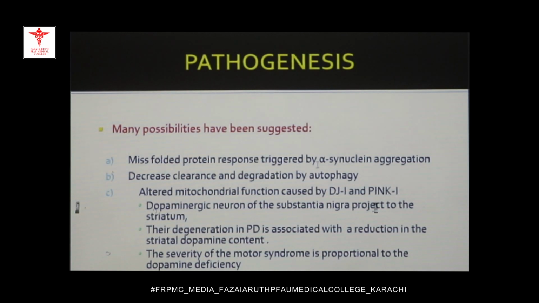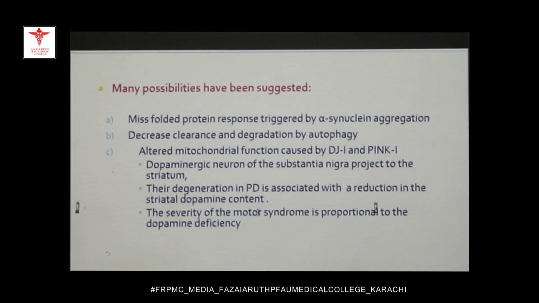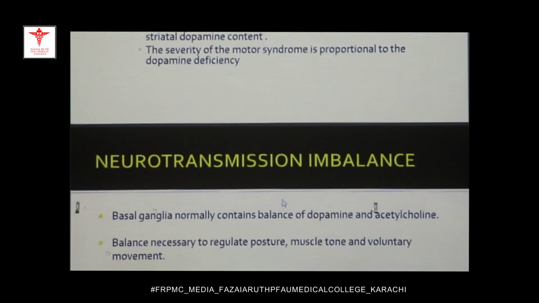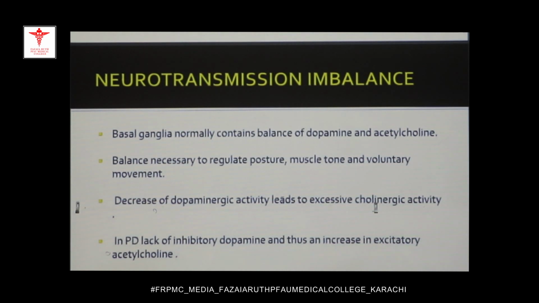So, when this alpha-synuclein aggregation is there, because of the decreased clearance by autophagy, there is also altered mitochondrial function and this results in damage to the nigrostriatal pathway, and there is degeneration of neurons as a result of this accumulation of proteins. Now, normally there is a fine balance between dopamine and acetylcholine.